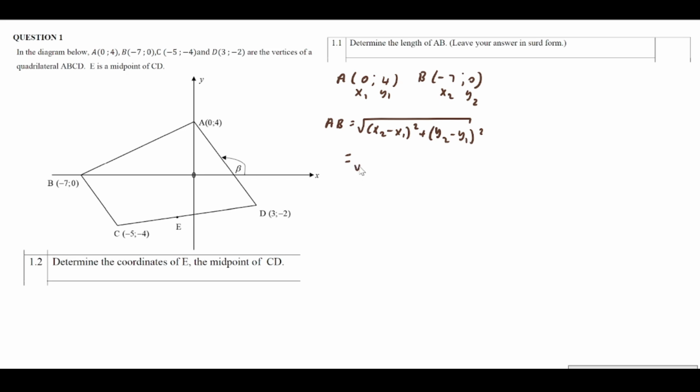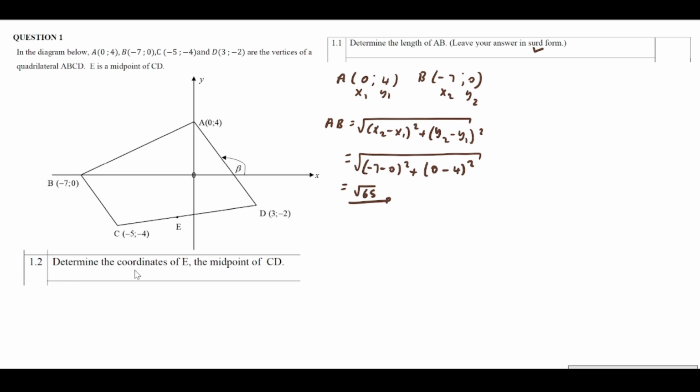And then you do your substitution. x2 is -7 minus 0 all squared plus y2, which is 0, minus 4 all squared. Then it's a work of a calculator. The answer is going to be the square root of 65. Leave your answer in surd form according to the instruction of the question.